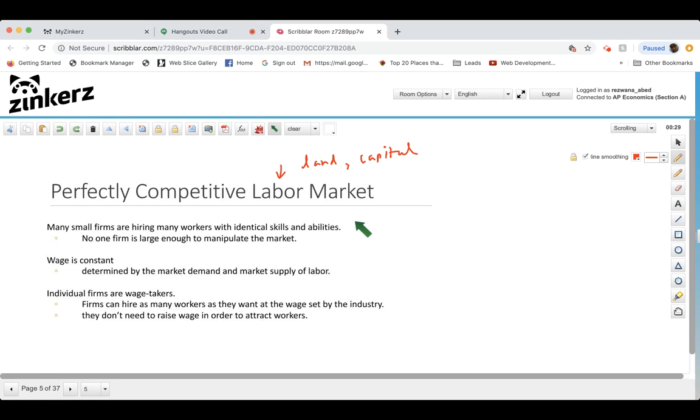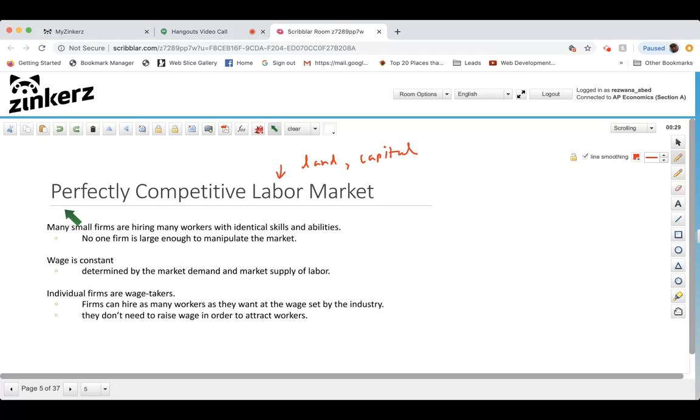It doesn't require any particular skills and abilities, and we assume that a lot of workers have those same skills and abilities. Okay, so there are many workers with identical skills and abilities, and every individual farm is only hiring a small portion of the entire market.